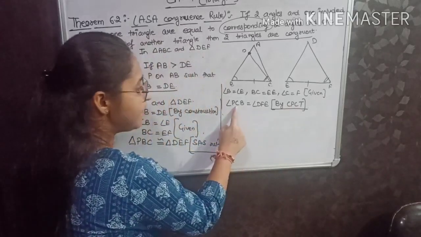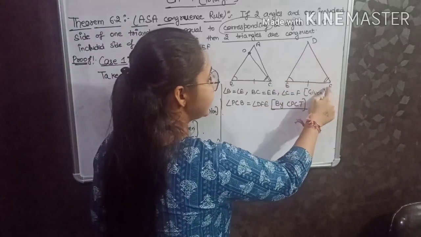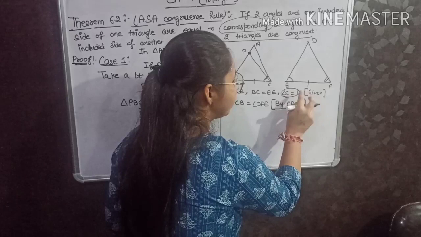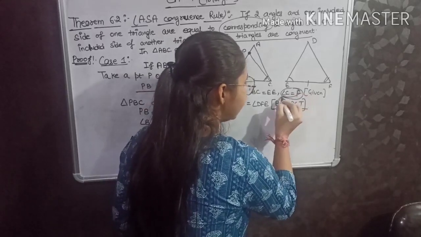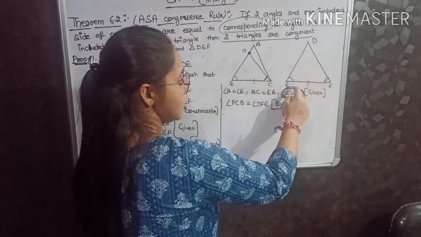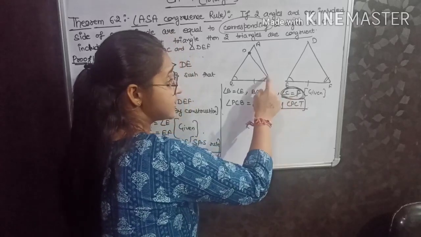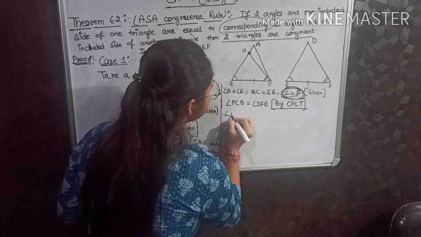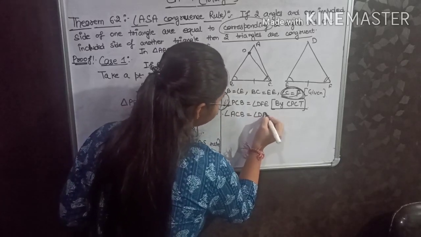Now, angle PCB is equal to angle DFE. Angle DFE is already equal to angle F, which is already equal to angle C. Angle C is this complete angle. So I can write angle ACB is equal to angle DFE.